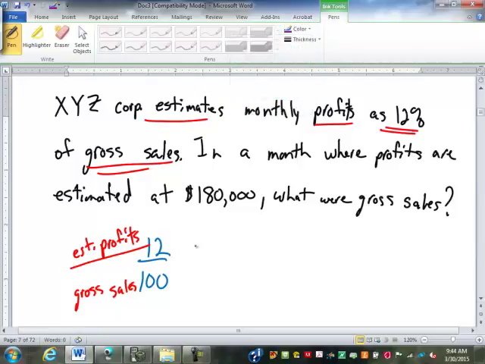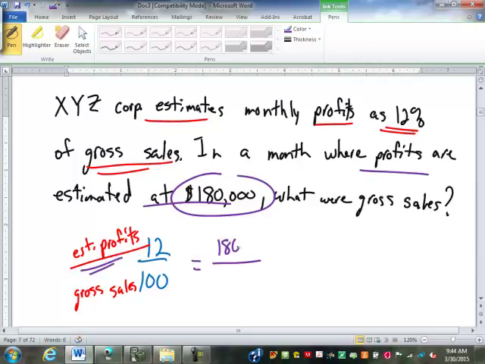So now on the other side of our proportion, things just have to fall into place. The only other number in the problem here is $180,000. Does that represent estimated profits or does it represent gross sales? Estimated profits. So does that number go on top or bottom? The estimated profits are on top. $180,000 goes on top.